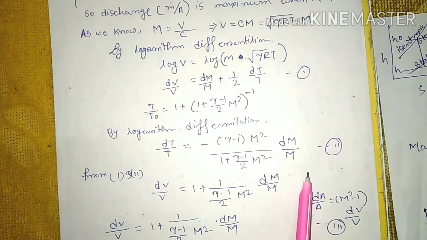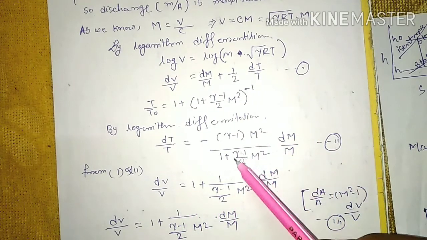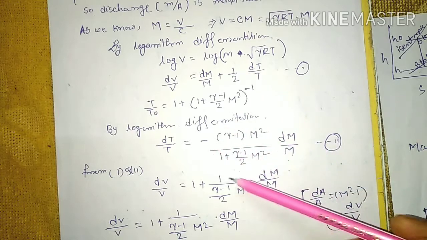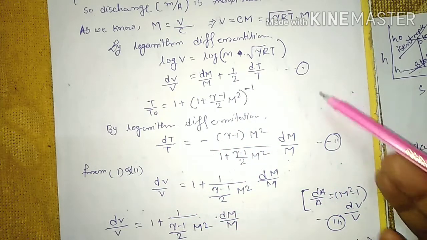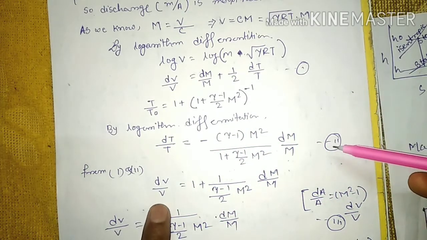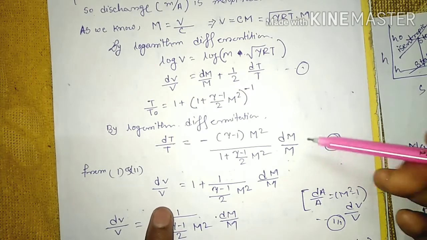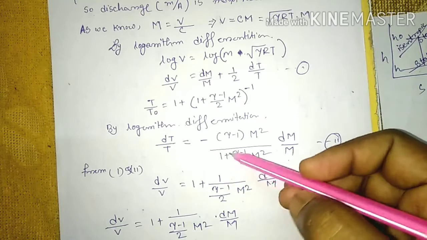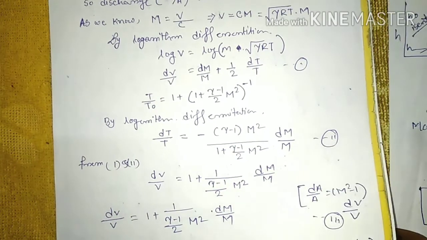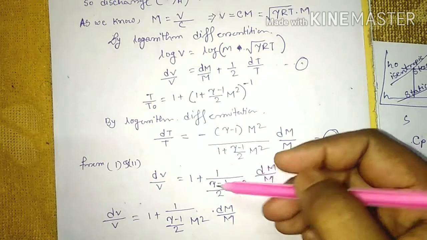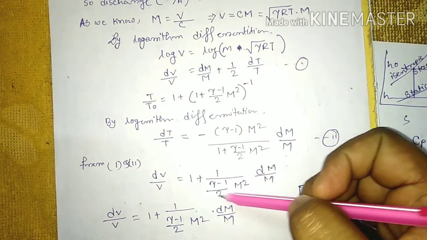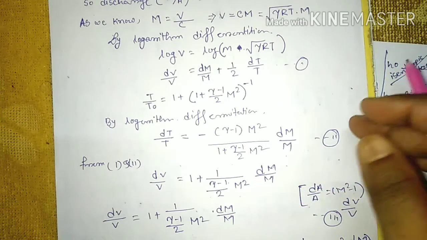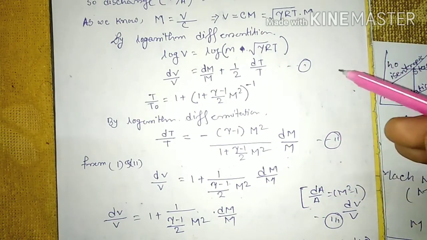Now similarly, you know the value of dT by T here, so from equation 1 and 2, you can easily get that dV by V is equal to 1 plus gamma minus 1 by 2 M square into dM by M, from equation 1 and equation 2.